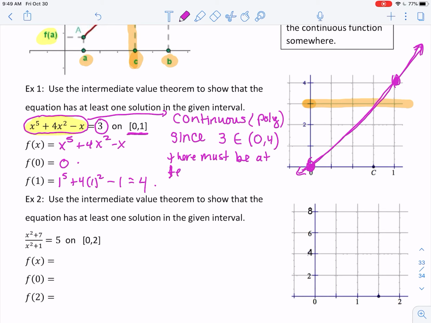Oops, I wrote a T instead of an L there, sorry. There has to be at least one value of c.